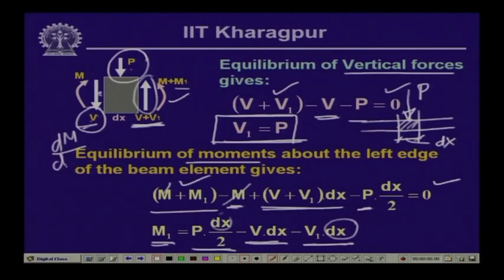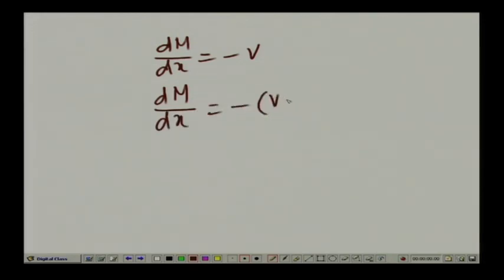But if we look into the aspect that from the previous expression we have seen that dM/dx, the rate of change of the moment, is equal to the negative of the shear force. So, on this side we have V and on this side we have V plus V1. On the left side the value of dM/dx is equal to minus V, and the value of dM/dx on the right hand side is minus (V plus V1).